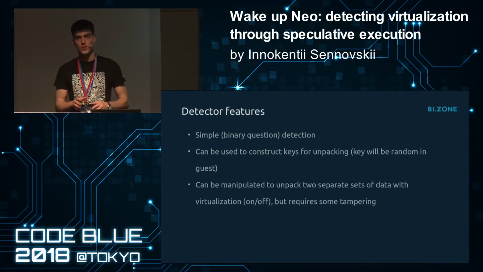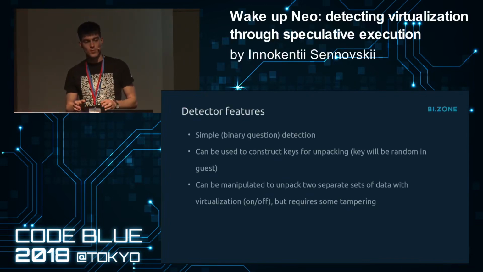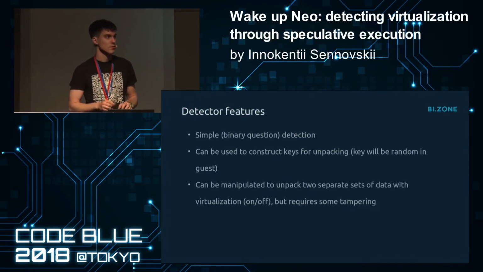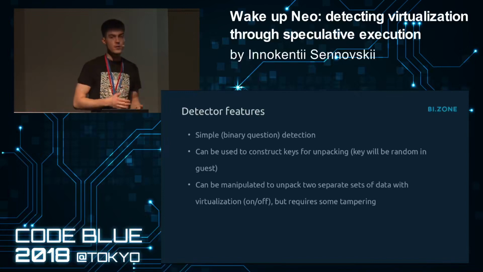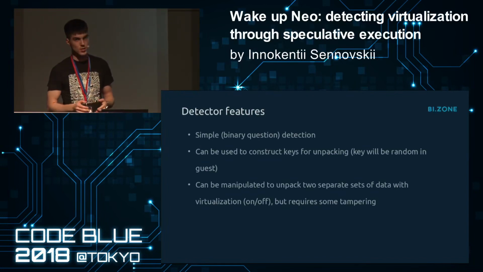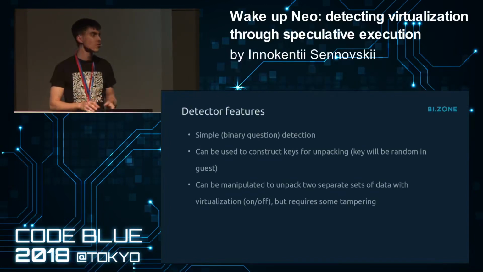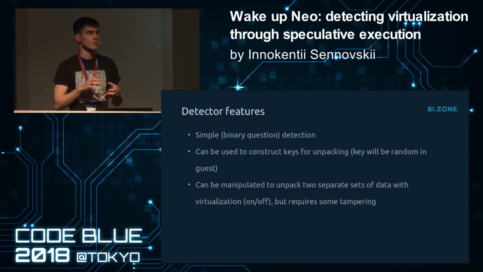One key which is actually computed with speculative execution if there is a side channel, and the second set which is computed with some tampering if there is no side channel. It will be biased to zero, and you can still decrypt meaningful data through the use of this key.